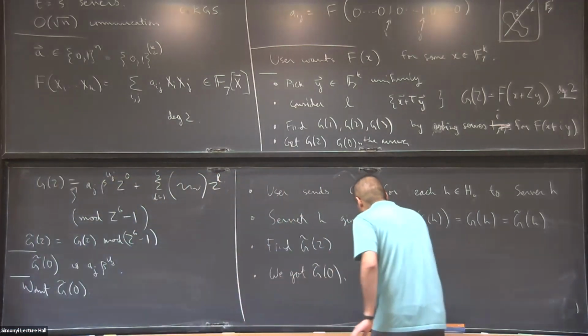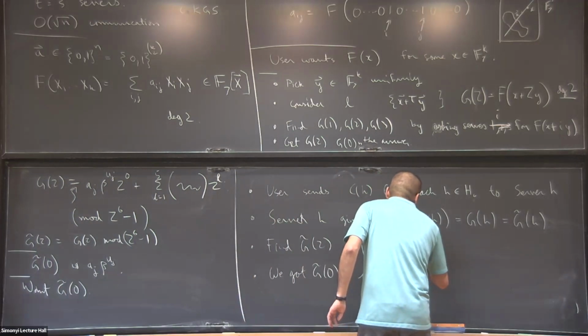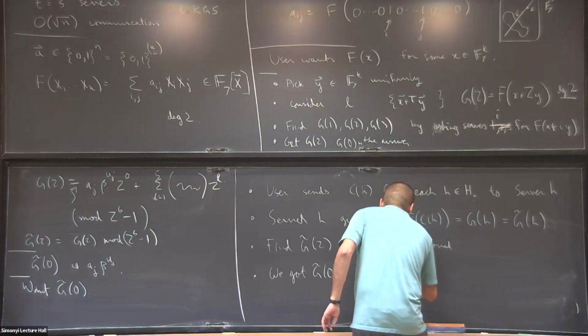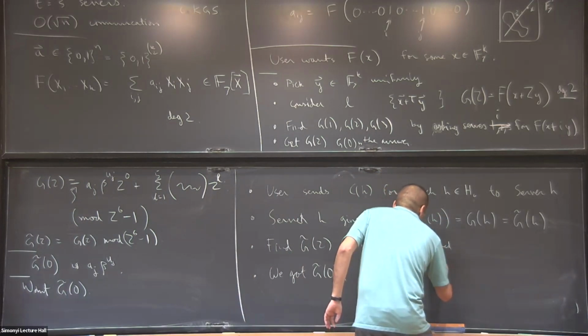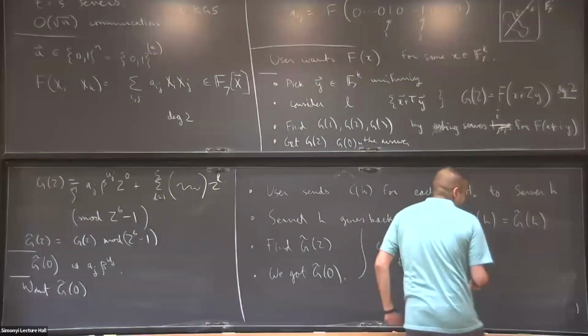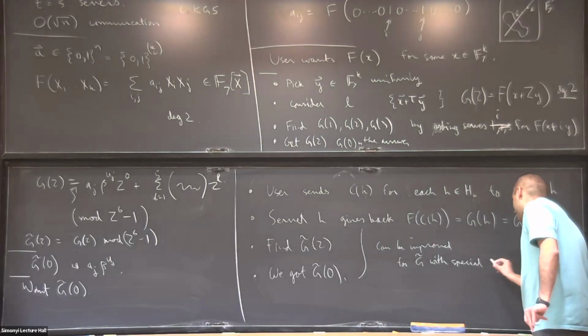So this can be improved for g tilde with special monomial structure. And it was found by computer search involving some Mersenne prime thing.